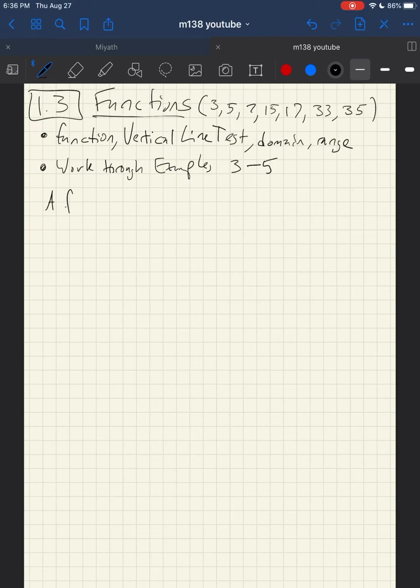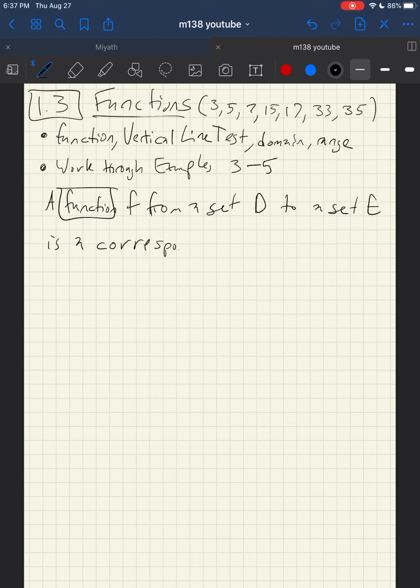So a function, let's say a function f from a set D to a set E is a correspondence or mapping.